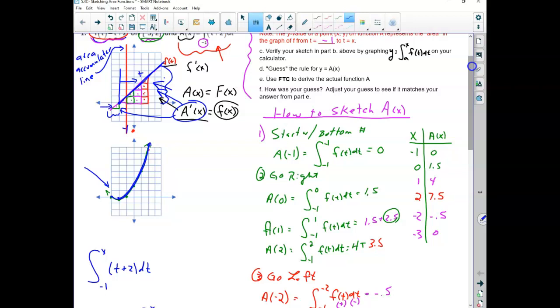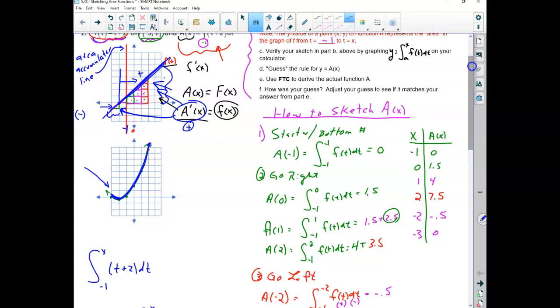Over here, I'm negative, but increasing, but I'm still concave up. I'm increasing, therefore this function increases. It has nothing to do with the value of the derivative. If A prime is increasing, the derivative of A prime is positive everywhere. That means I'm concave up, okay?